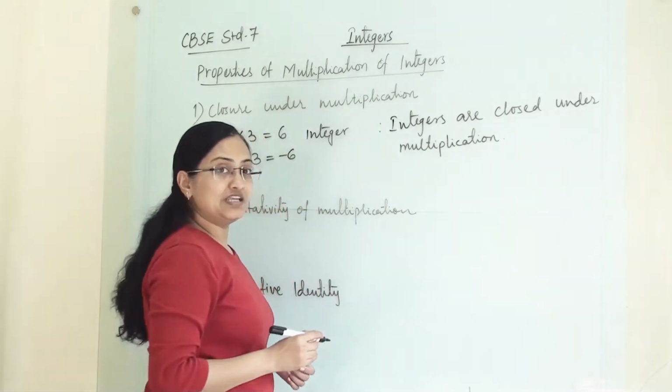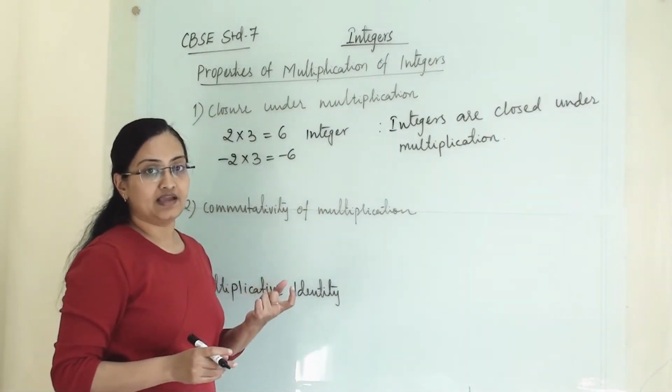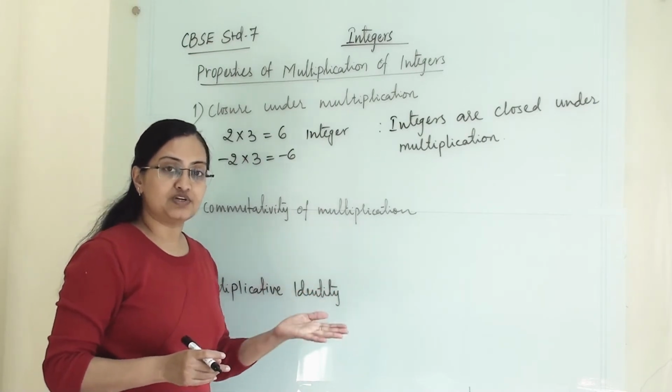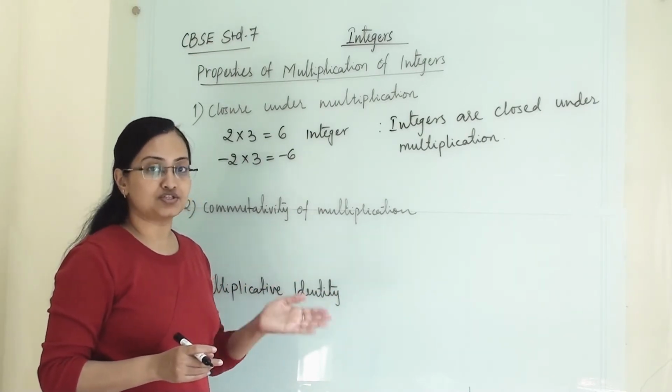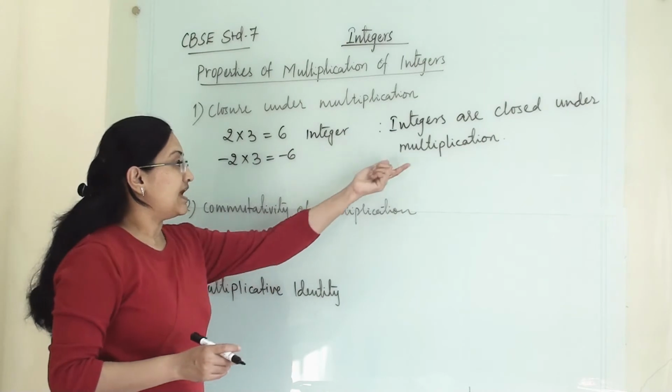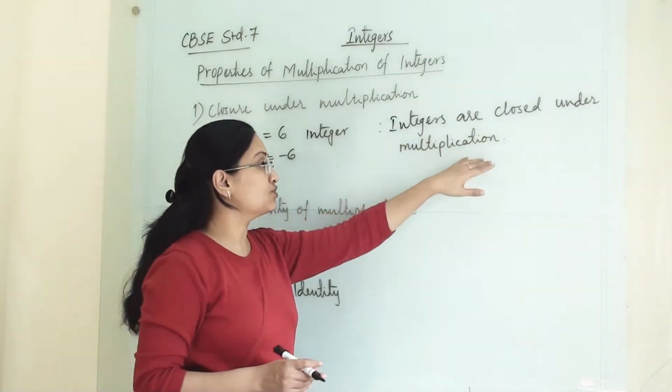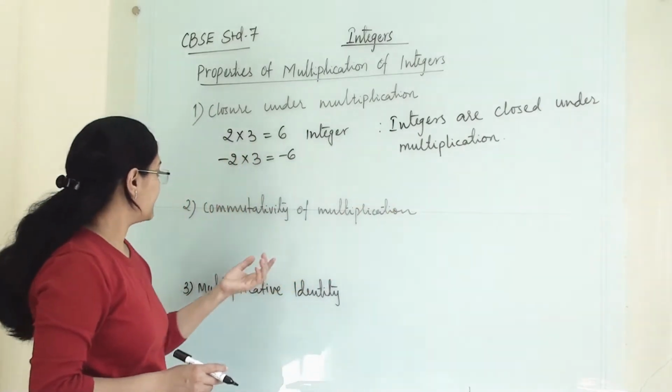That means any two integers you multiply, as a result you will get an integer, either a positive integer, a negative integer or 0. That means integers are closed under multiplication.